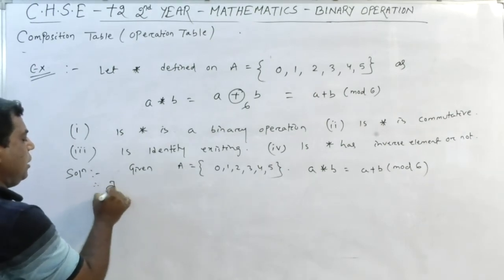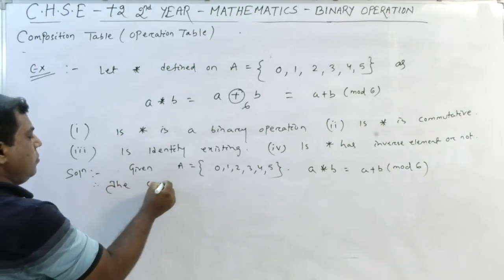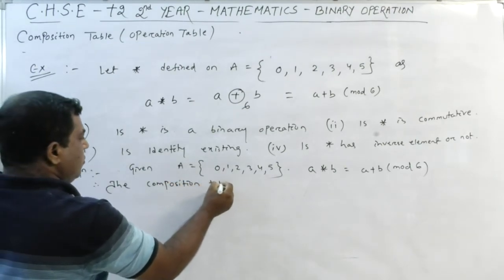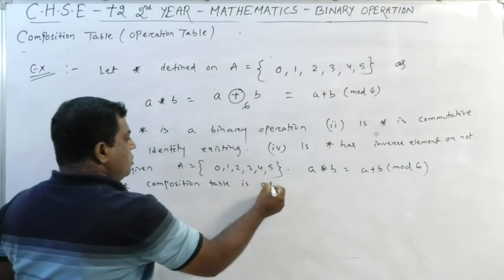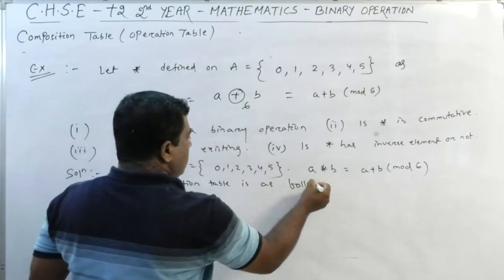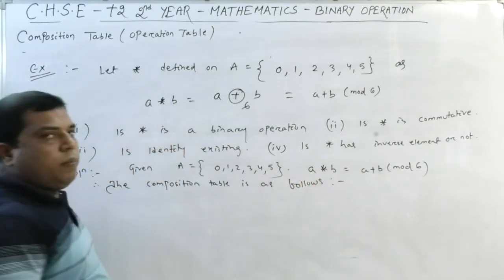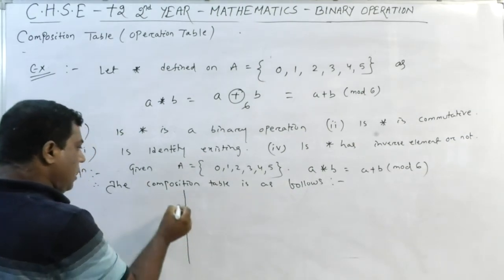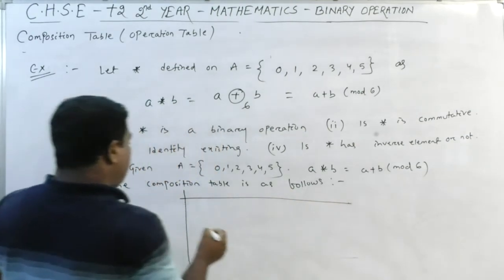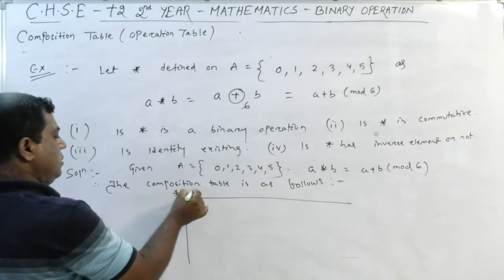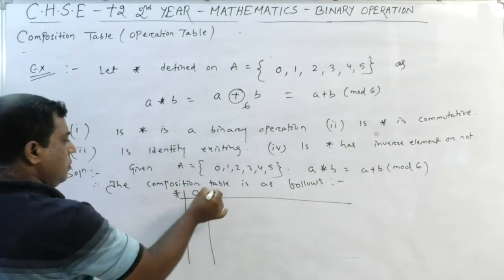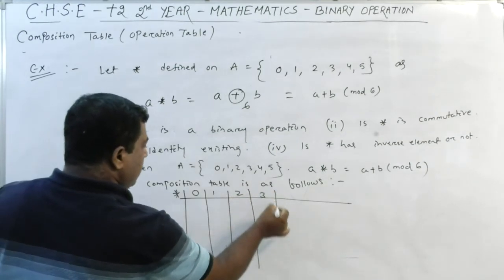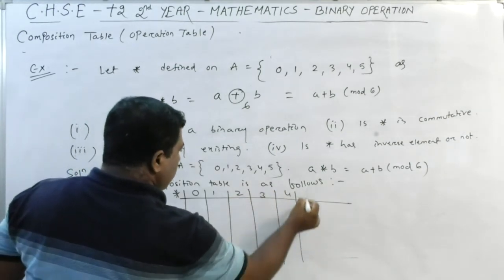Therefore the composition table is as follows. How is the composition table drawn? It is 0, 1, 2, 3, 4, 5.